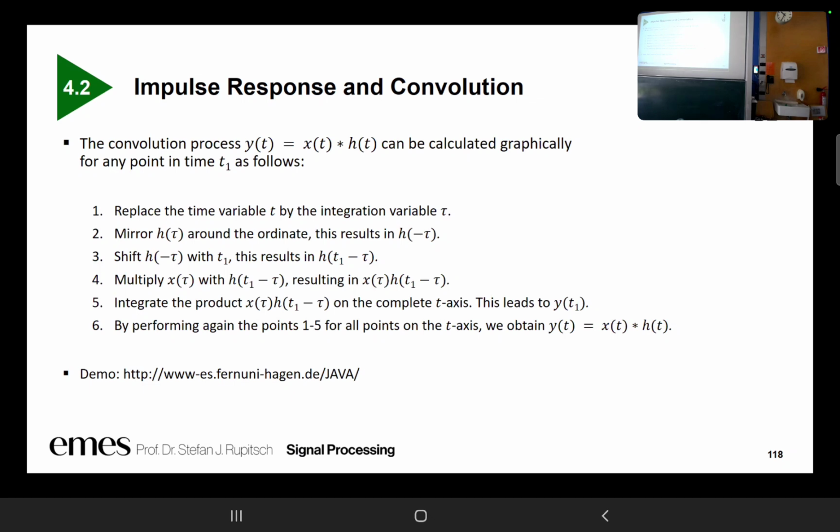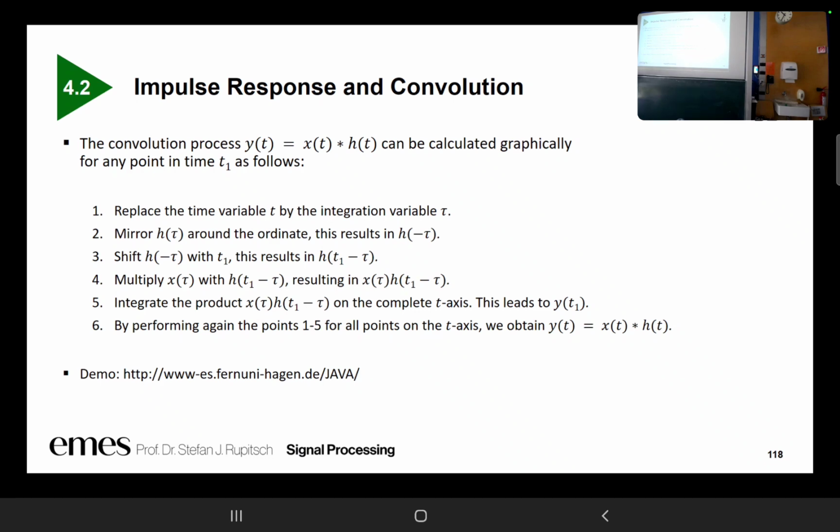What we do, we replace the time variable t by the integration variable tau. Then we perform this mirroring: we flip it, we mirror the impulse response with respect to the y-axis, and then we shift it from the left to the right. We shift it, and for each position, we integrate by taking a look at this area.